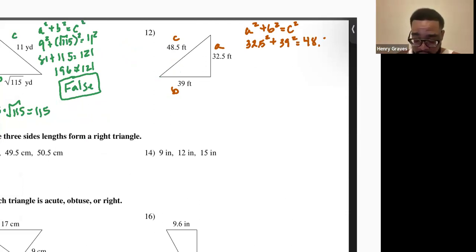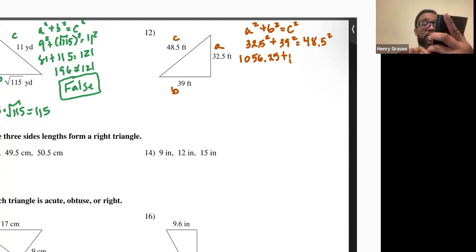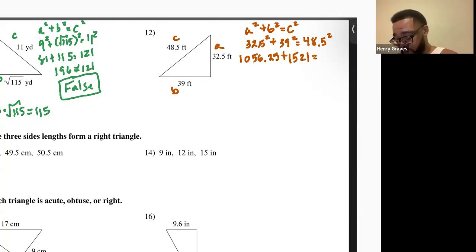32.5 squared is going to be, it's a big number, 1,056.25. 39 squared is going to be 1521. And 48.5 squared, oh no. Geez, this is a big number too. 2,352.25.